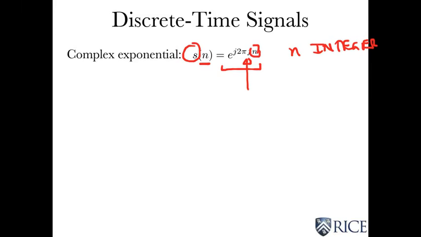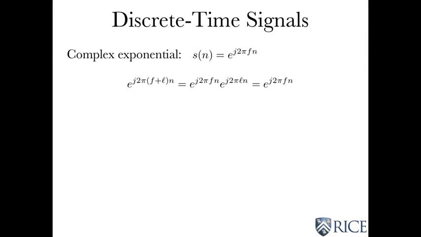So f is dimensionless, and furthermore, there's a very interesting property. Suppose I consider the frequency f plus an integer L. If I write this as a product, e to the j 2 pi times an integer is 1.